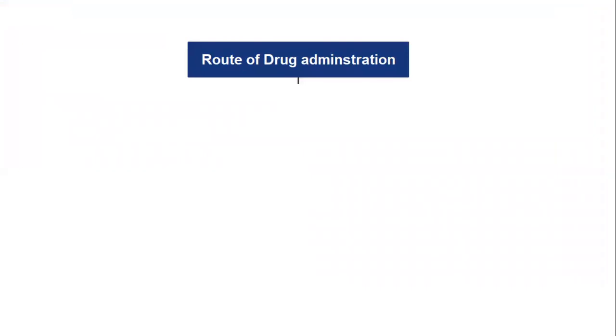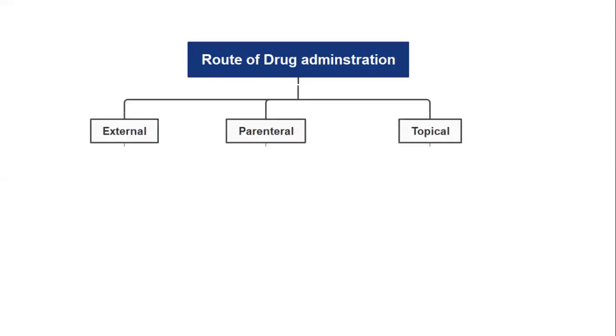So now let us try to classify the routes of drug administration. You can see there are three important methods of administration. One is enteral route of drug administration. Next one is parenteral route of administration. Next one is topical route of administration.